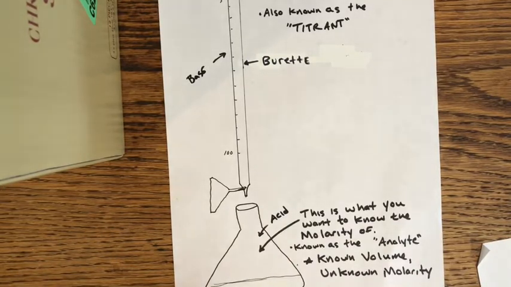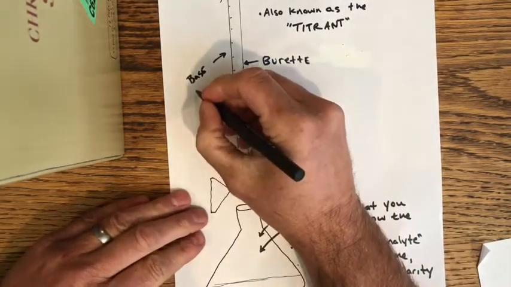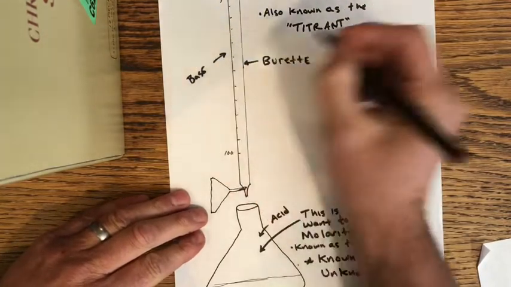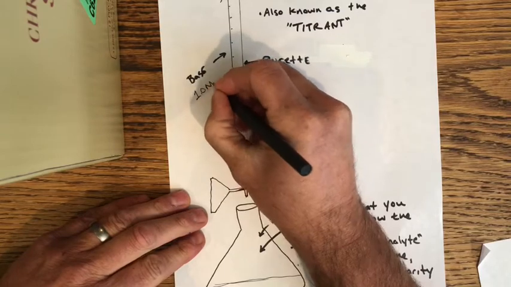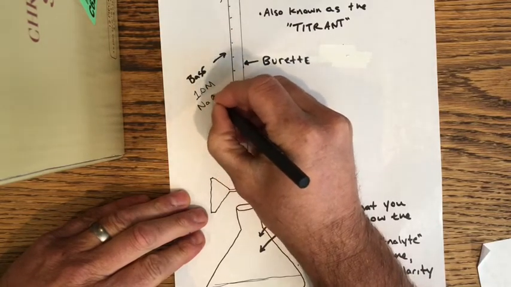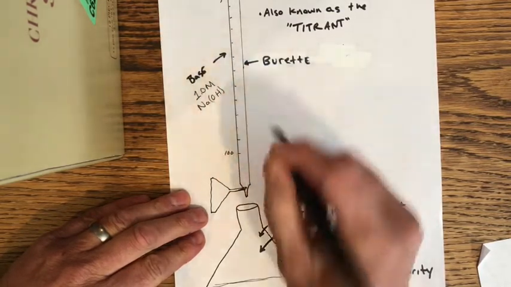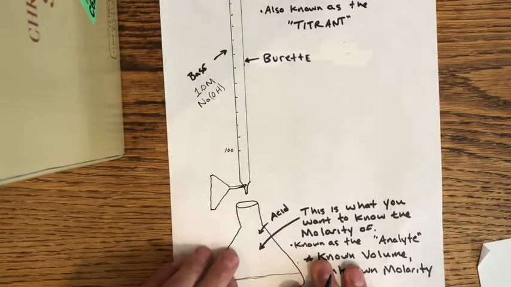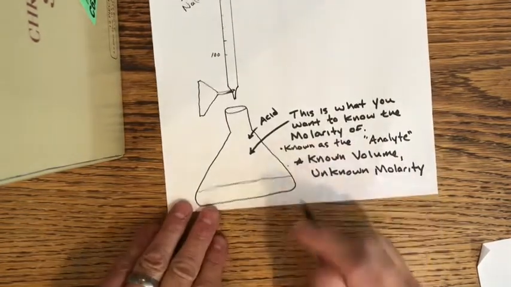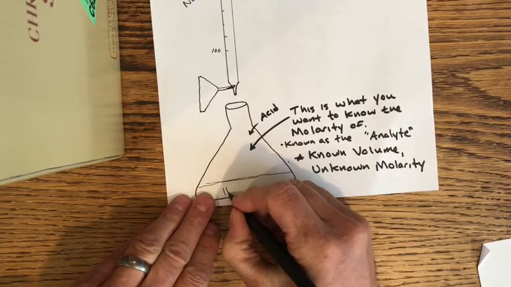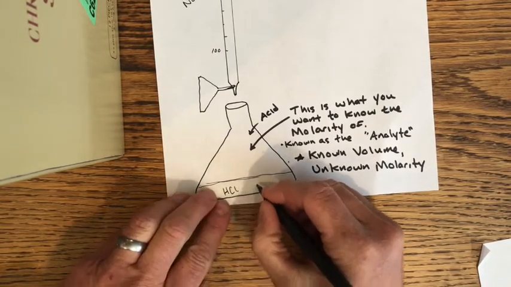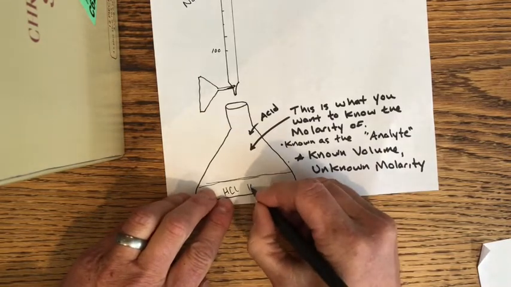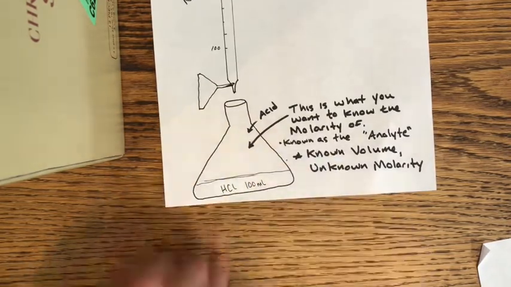Let's just pretend that we've made this standard solution and we want it to be 1 molar sodium hydroxide. Okay, so this is 1 molar sodium hydroxide that's in here. Now down here, this acid, we would have to know what type of acid this is. Let's say that this is hydrochloric acid, and let's just say that we're starting with 100 milliliters of that acid.